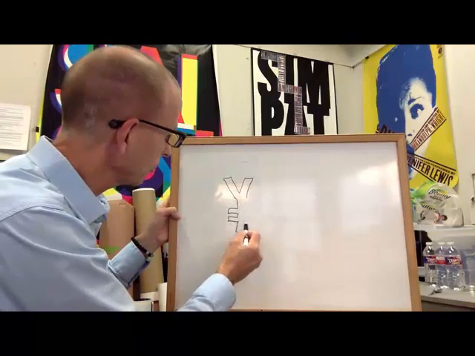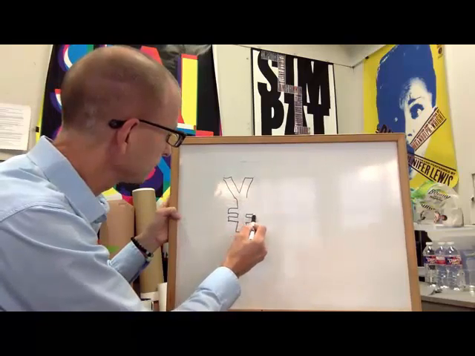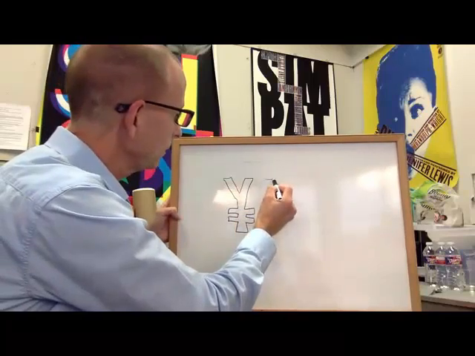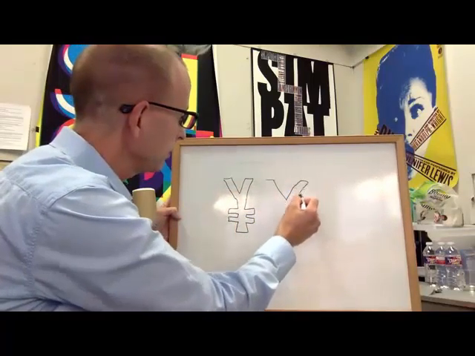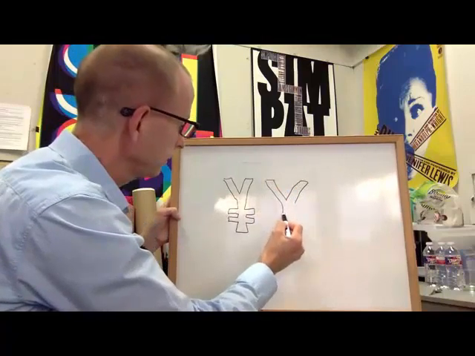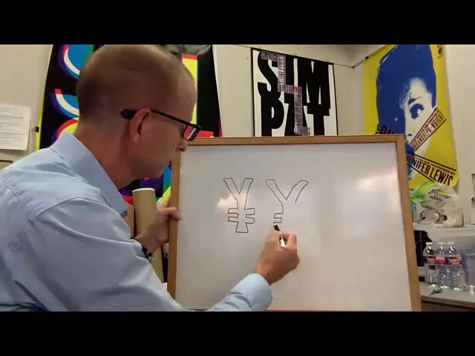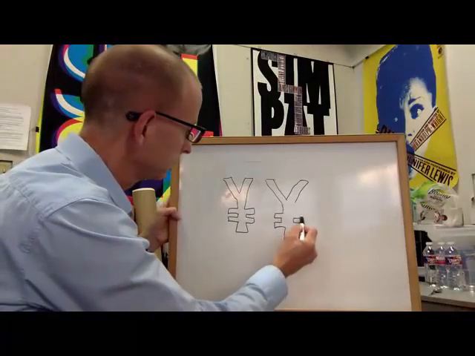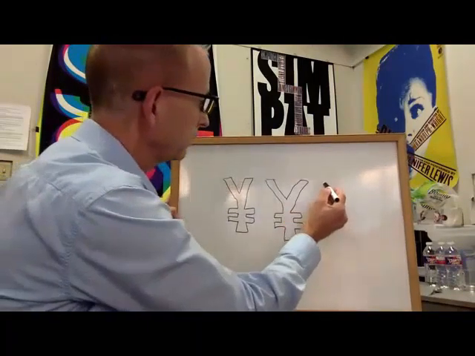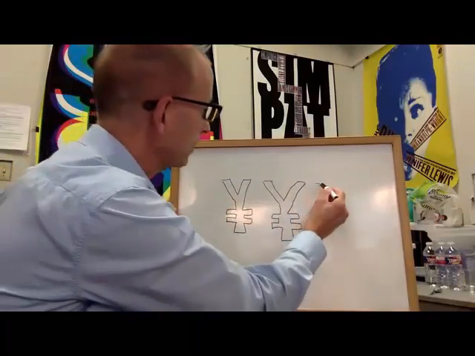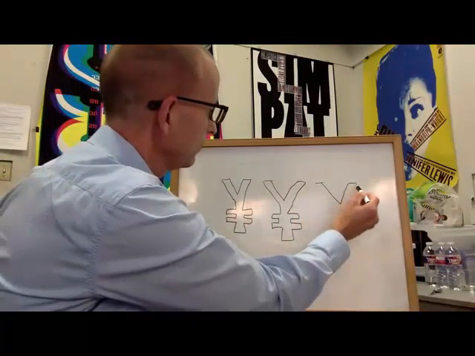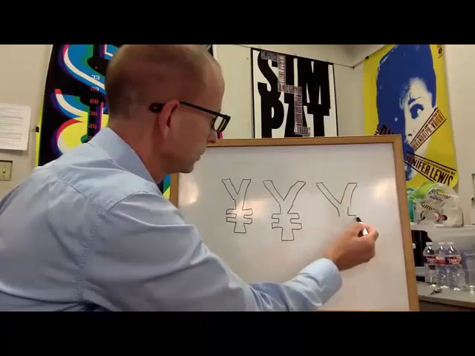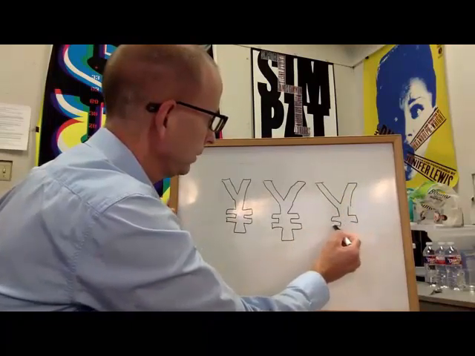This time I'm just going to outline it. And then I'm going to repeat that again here, and then I will also repeat it one more time here. Quickly for you.